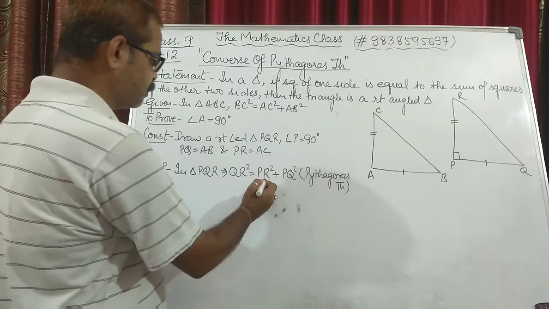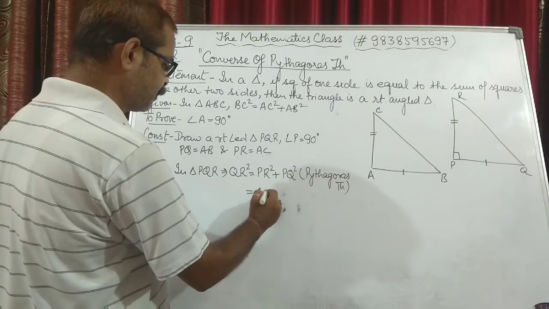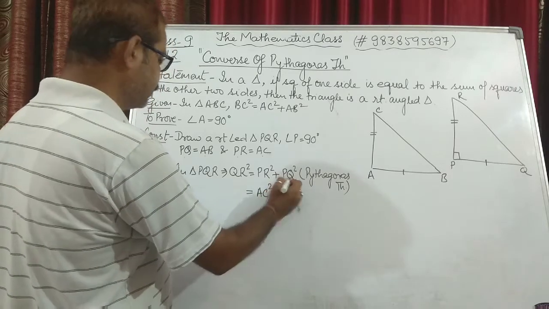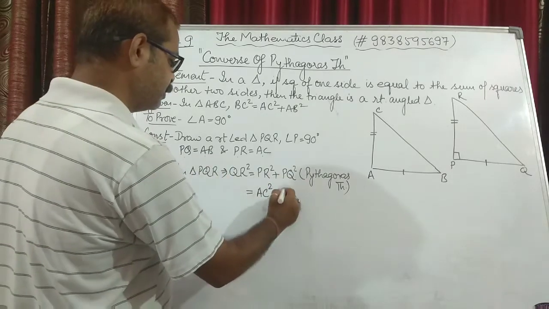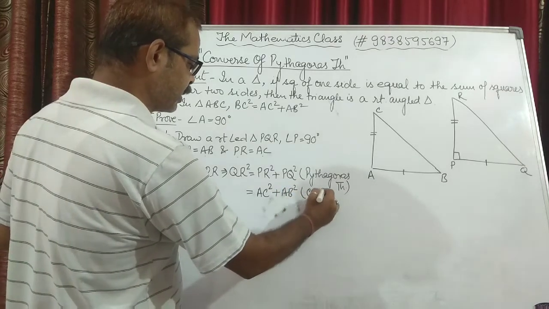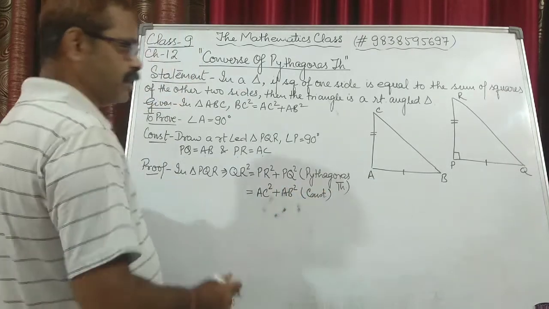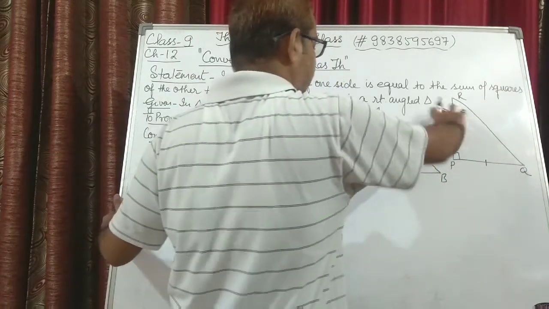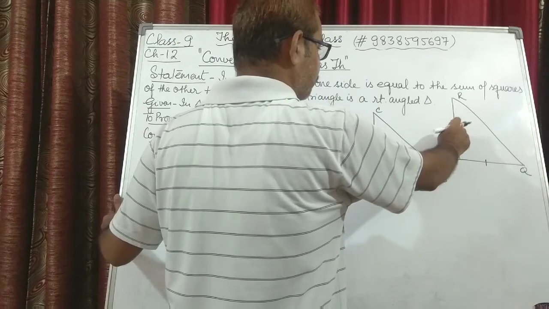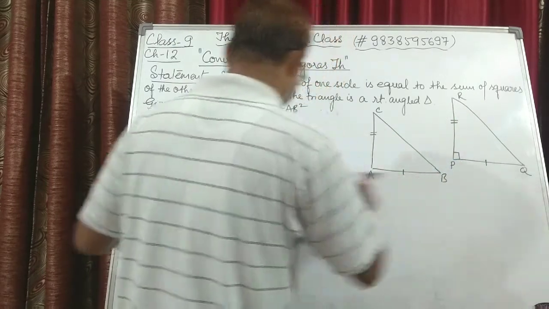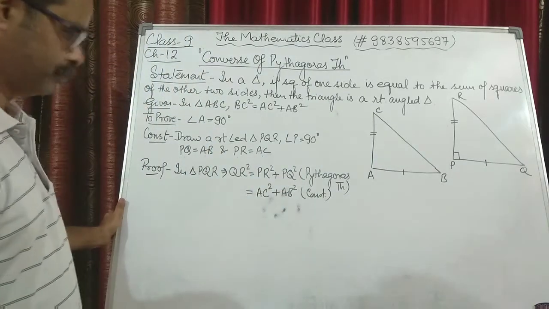So in place of PR we can put AC, means PR square can be written as AC square, and PQ square can be written as AB square by construction. We have made PQ equal to AB and PR equal to AC. So in place of PR we can put AC and in place of PQ we can put AB. So that is what has been done.